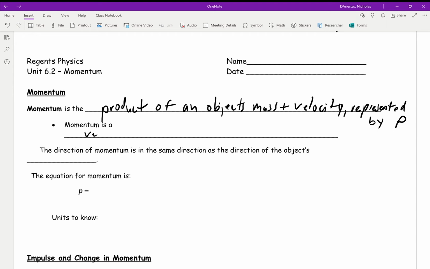It is a vector quantity, which shouldn't come as a surprise since velocity is a vector quantity, and therefore momentum gains the direction associated with the vector quantity. So it's going to have both direction and magnitude.